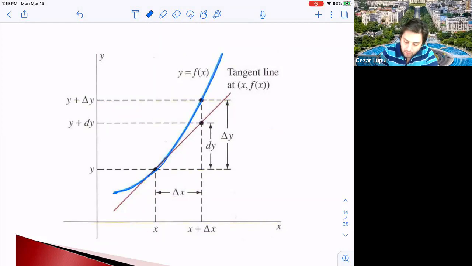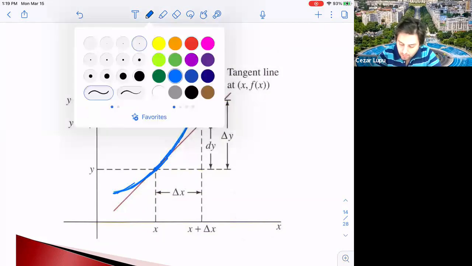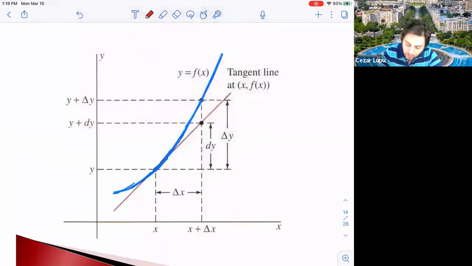It passes through some points. And the tangent line, let me put it in red, it's this one here. So that's the tangent line.